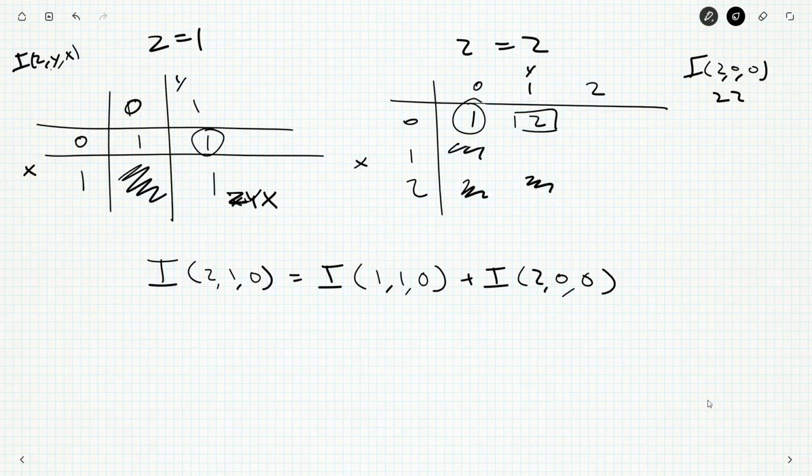So now if I wanted 2, 2, 0, well, that'd be the same as doing 1, 2, 0, which is gibberish, or 2, 1, 0, which is this one over here, so that'd be 2. Okay. This is starting to make more sense now. I'm starting to understand. So now if we did 2, 1, 1, so that'd be this one right here, we could have 1, 1, 1, which is one way to do that.